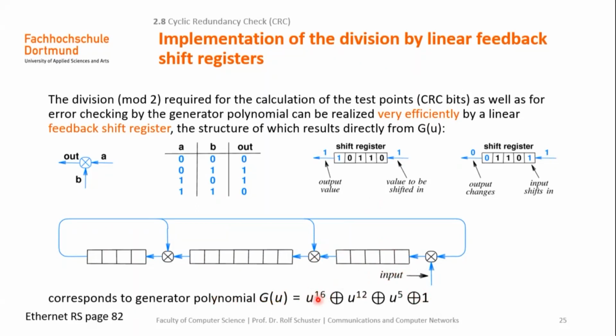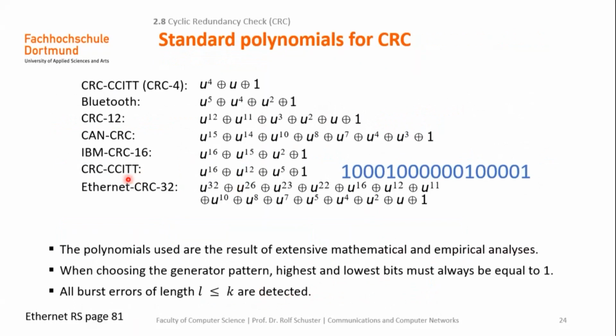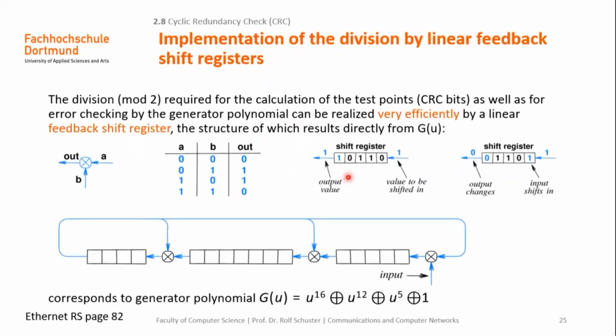This one corresponds to the CRC CCITT, where we have a 1 at the 0 position, at the 5th position, at the 12th position, and at the 16th position. Then this is accomplished using this kind of XOR operators.